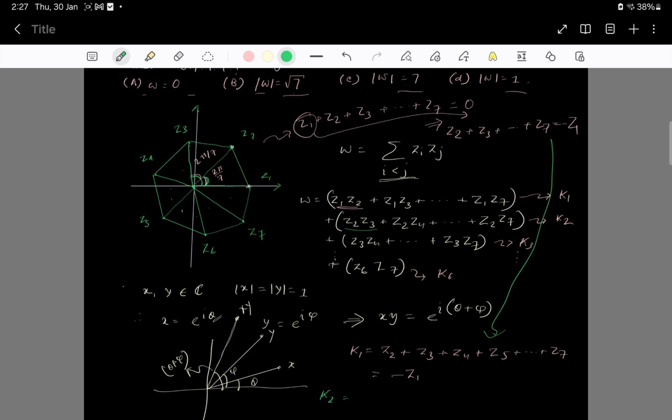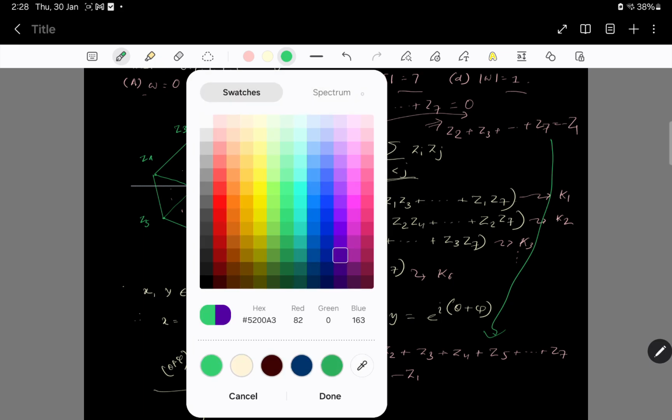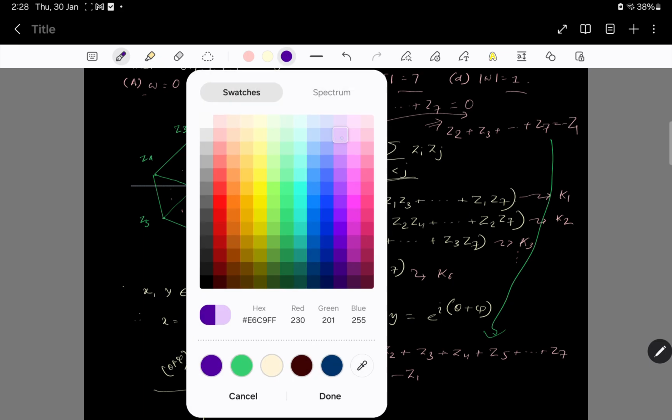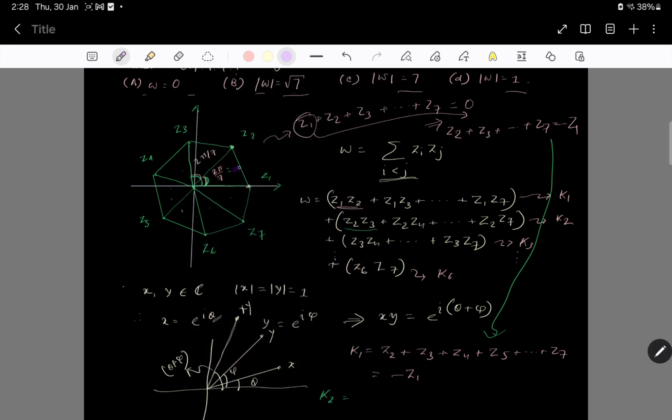So even though we don't consider it as 2 pi by 7, I'm simply calling it alpha. This angle will be 2 alpha, this angle will be 3 alpha, this one will be 4 alpha, and so on.